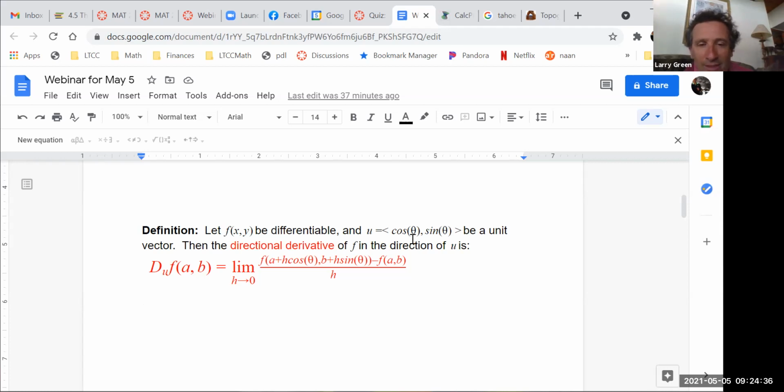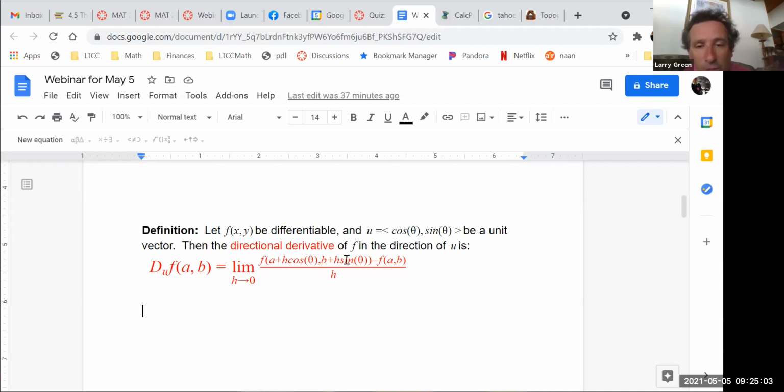And if your angle is 0, then cosine of 0 is 1, sine of 0 is 0, and you get f of (a plus h times 1, which is just a plus h, comma b plus 0, or just b) minus f of (a, b), over h. And that is the definition of the partial derivative in the direction of x.